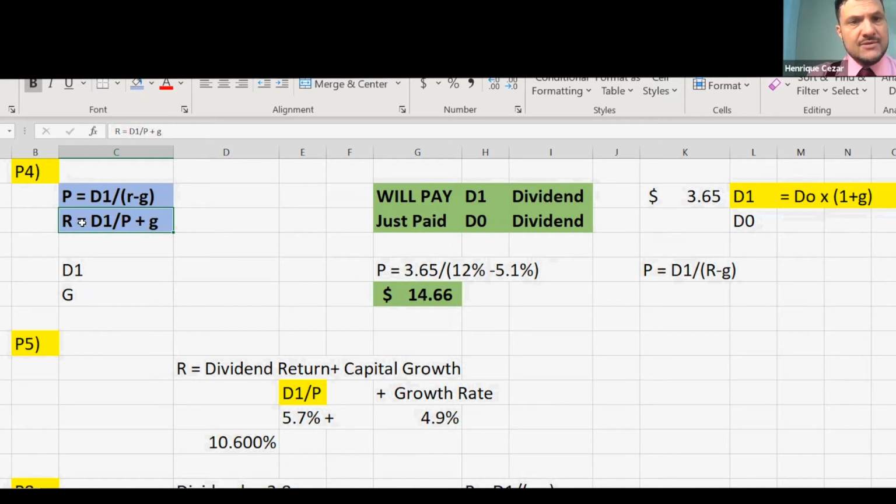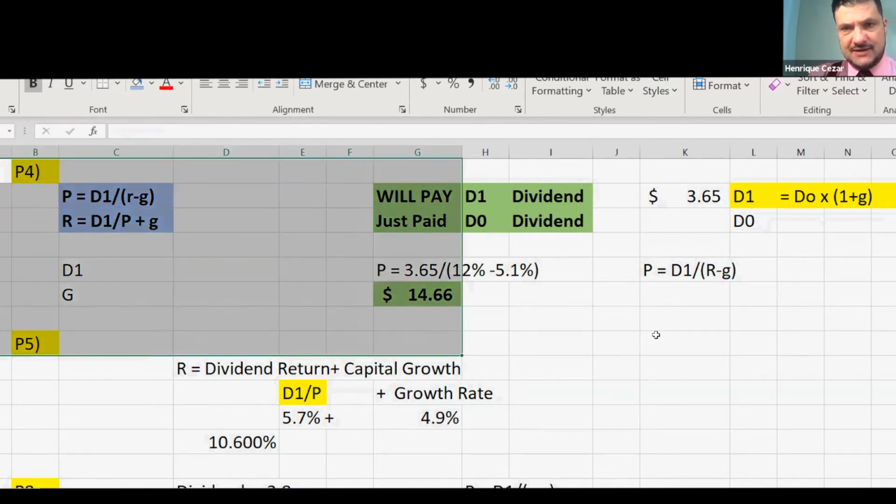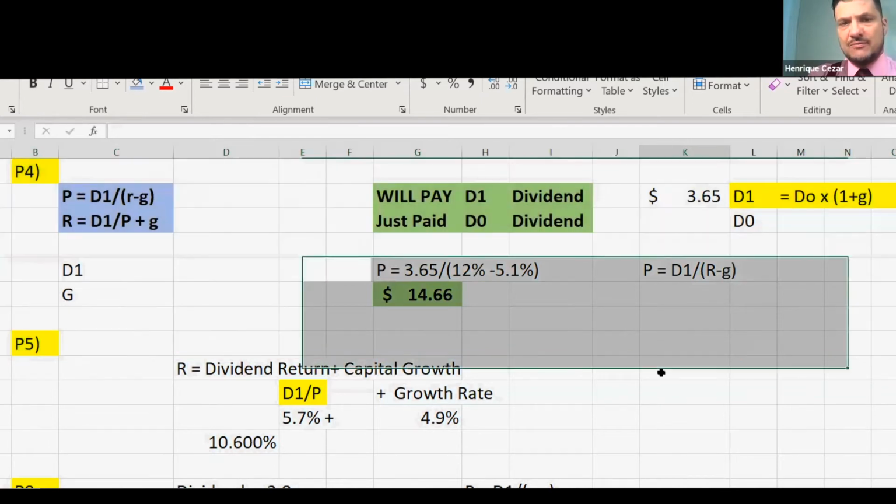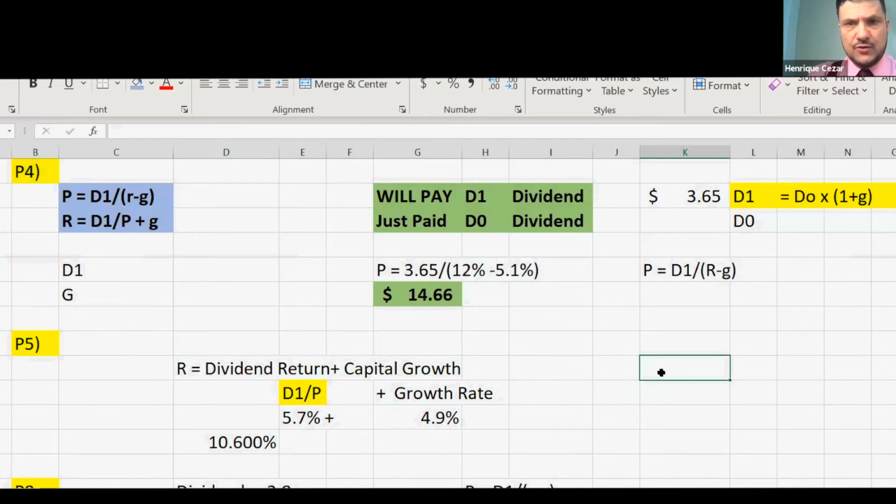This formula here predicts the required return that an investor will require on buying that stock, right? And so expect a similar problem like that on the exam, okay? Very straightforward, so you want to demonstrate that you know how to apply the formula, and you know what the purpose of that formula is, okay?